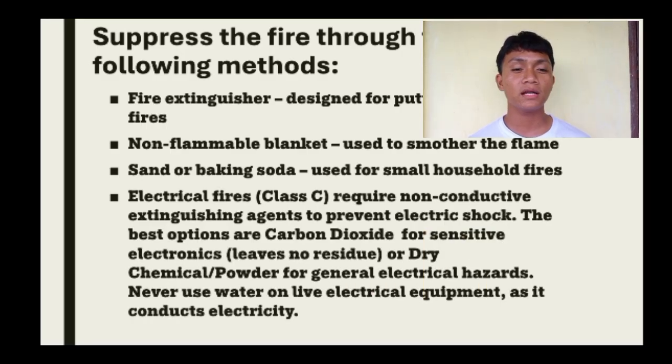Electrical fires, or Class C, require non-conductive extinguishing agents to prevent electric shocks. The best options are carbon dioxide for sensitive electronics, which leaves no residue, or dry chemical powder for general electrical hazards. Never use water on live electrical equipment as it conducts electricity.